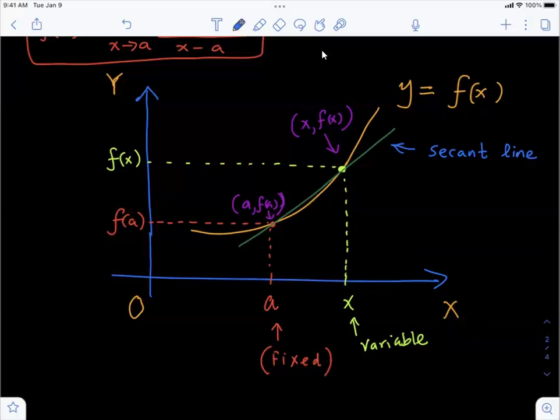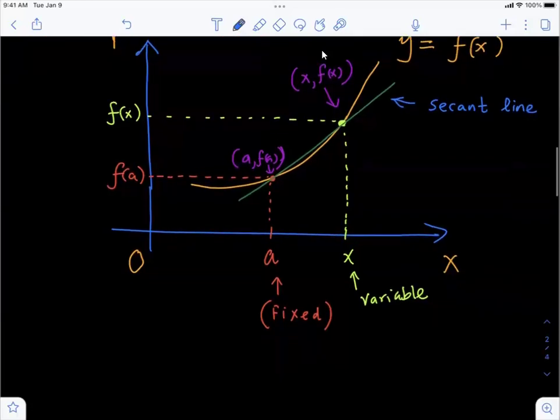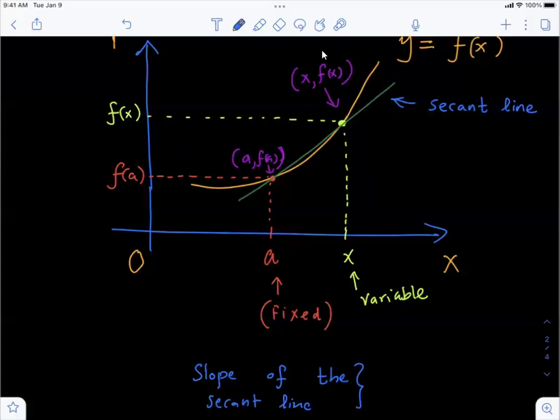Now, if I ask you to write down the slope of the secant line, one can do it blindfolded, right? So look at this. The slope of the secant line.